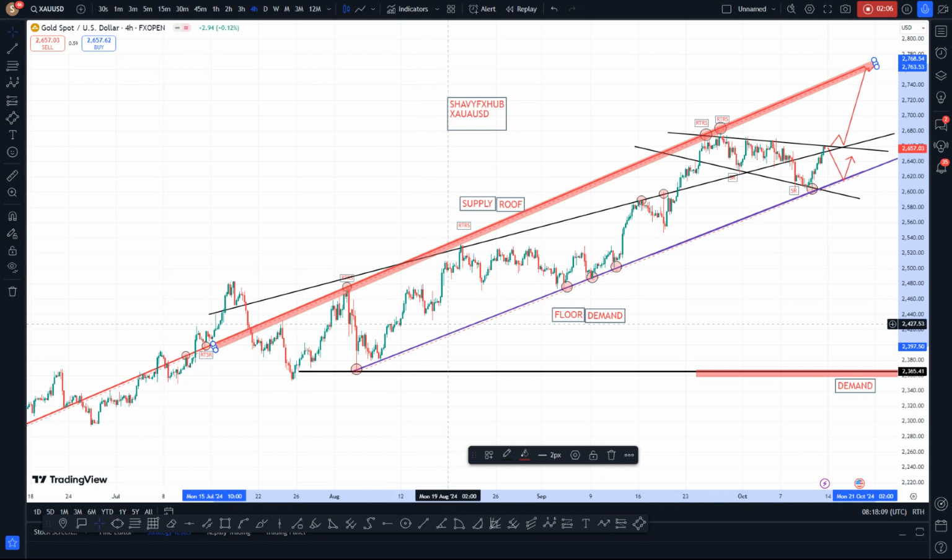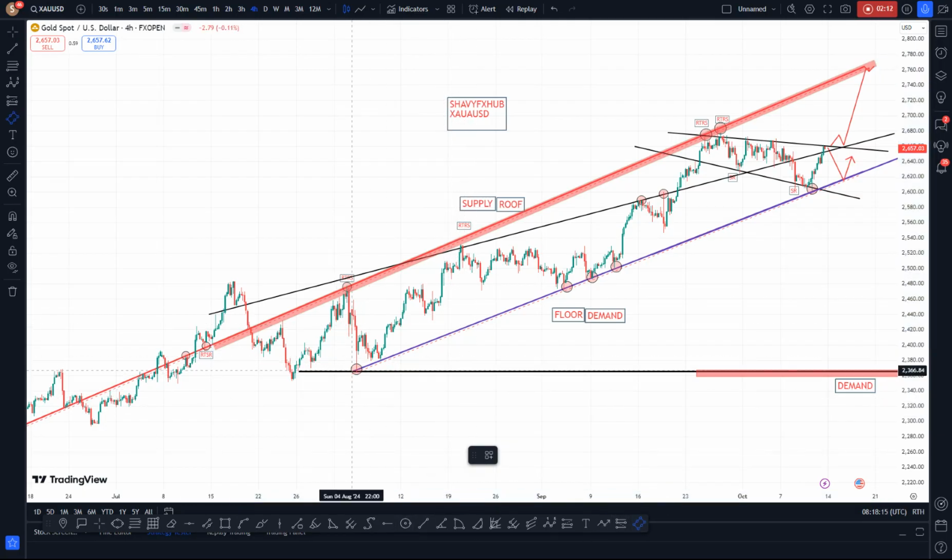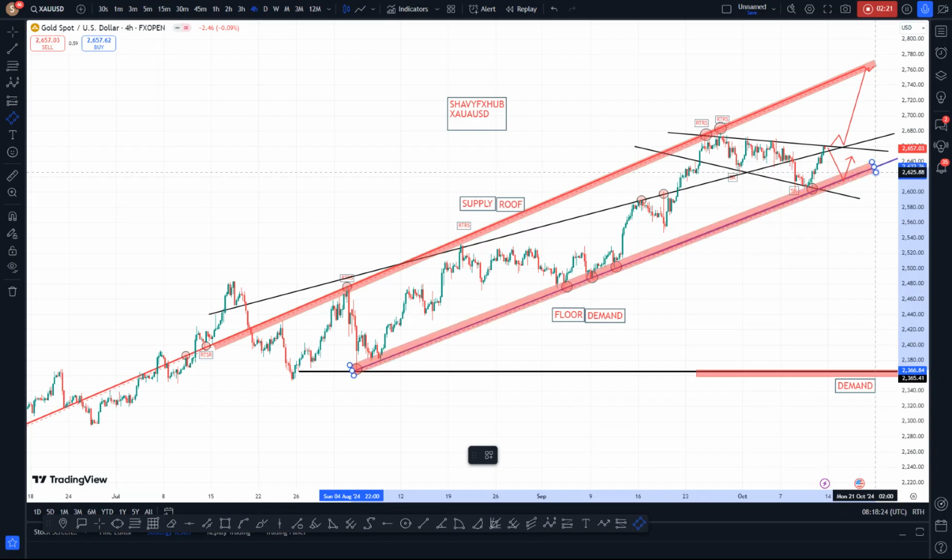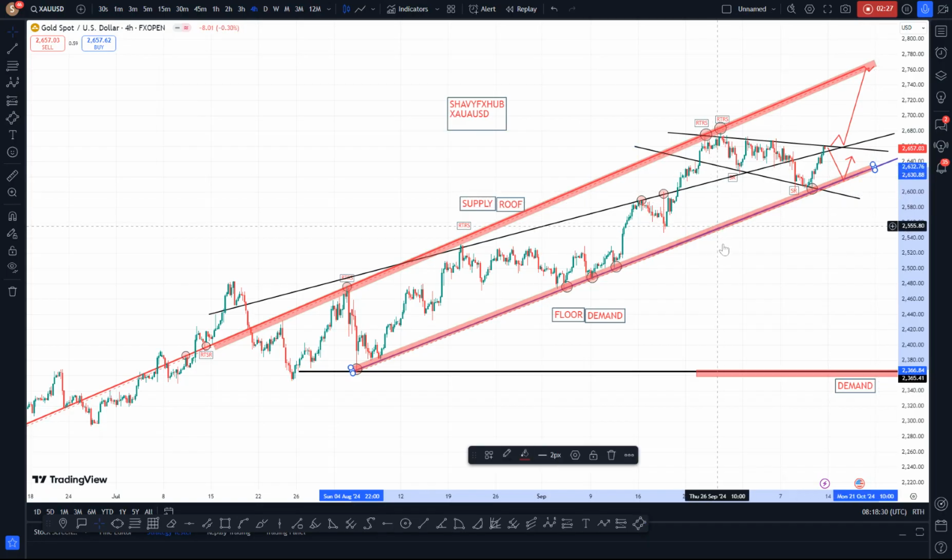So we need a zone for the floor, a floor demand zone. On the floor demand zone, we want price to play into the support structure to look for a buy opportunity. So we're going to label it green, green for the buy.